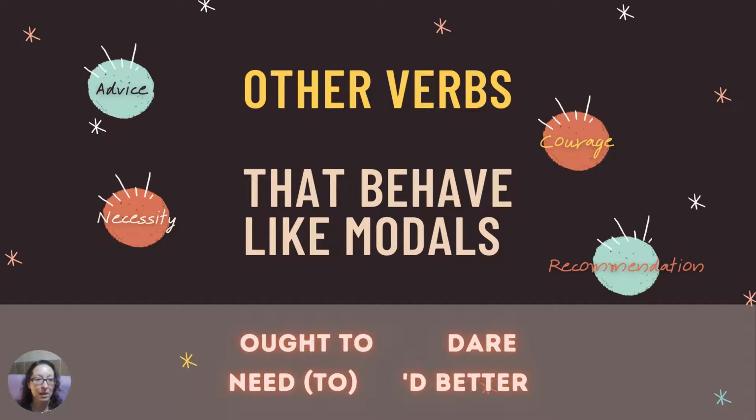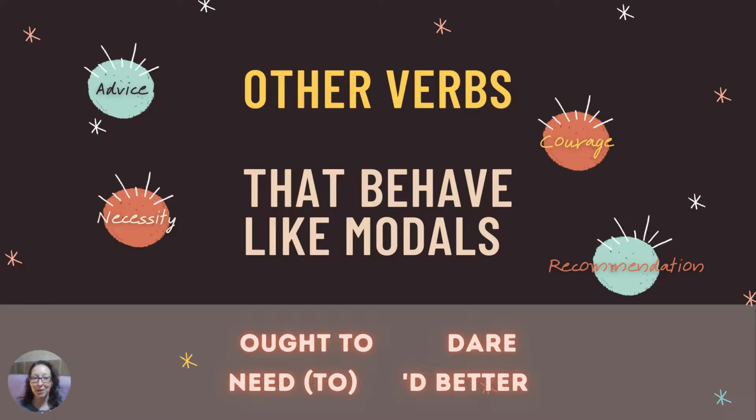This one functions as the advice. And it doesn't change for different persons. Need to, we can sometimes use he needs to, so we will sometimes change it, but we can say you needn't bring your gloves because it's warm outside.